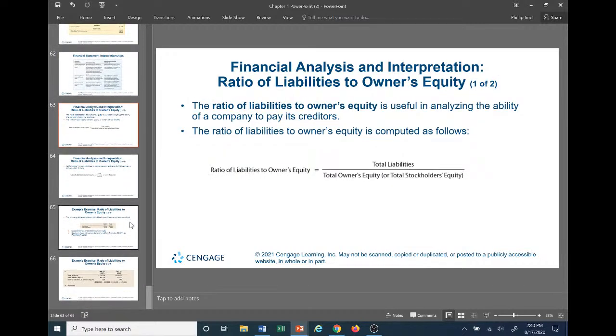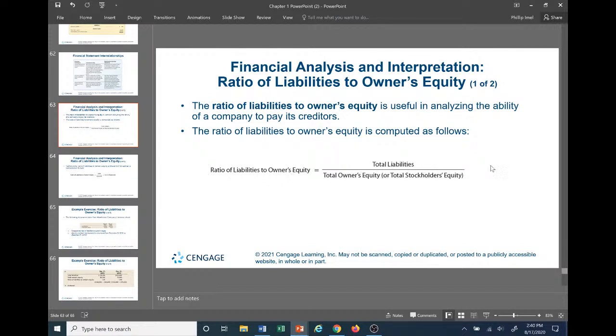So let's talk a little bit about financial analysis and interpretation, starting with the ratio of liabilities to owner's equity. This ratio is useful in analyzing the ability of a company to pay its creditors. Here we can see the actual formula. It's pretty simple: liabilities to owner's equity.